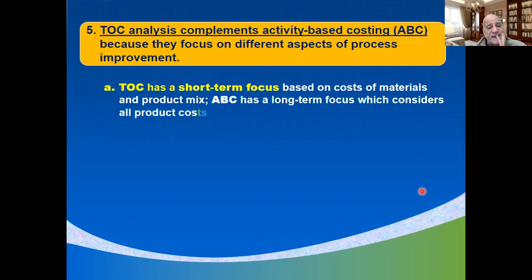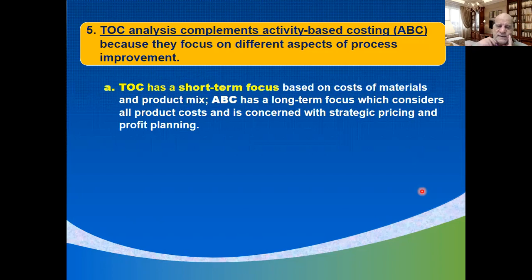Theory of constraints has a short-term focus based on costs of materials and product mix. But activity-based costing has a long-term focus which considers all product costs and is concerned with strategic pricing and profit planning.